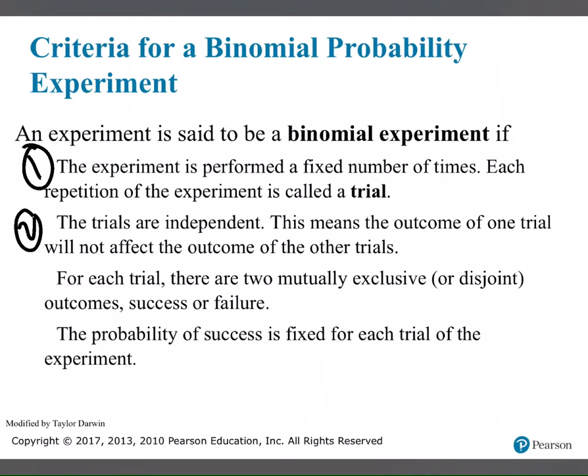The trials have to be independent, so remember that means that one outcome won't affect another. They have to be mutually exclusive. So Texas Tech baseball player, UT baseball player, right? You can't be both is what mutually exclusive means. And the probability of success is fixed for each trial of the experiment.